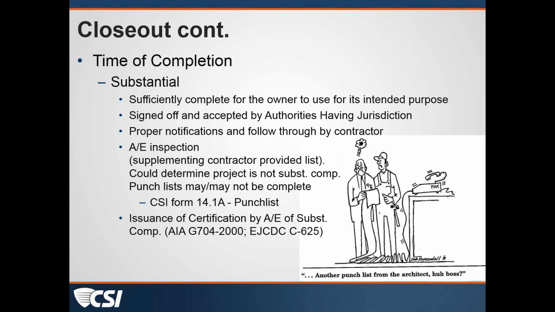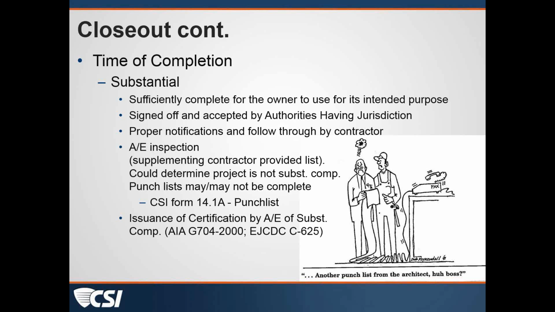I love this cartoon here from the contractor's perspective. You know, yet another punch list off the fax machine from the architect to the contractor. This is the phase of the job where we get to review, as we said earlier, the contractor's punch list.